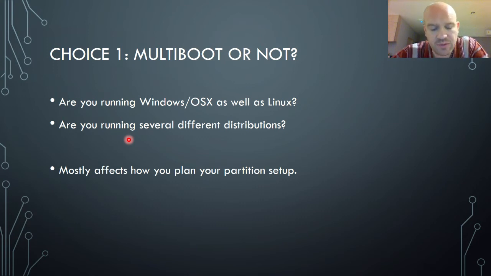And some people use Windows and Linux on the same computer, which is multi-booting. But you could also use several different distributions on the same computer, like several different versions of Linux. And then you would also be multi-booting. And if you're going to multi-boot, it has quite a big effect on how you choose your partition setup.